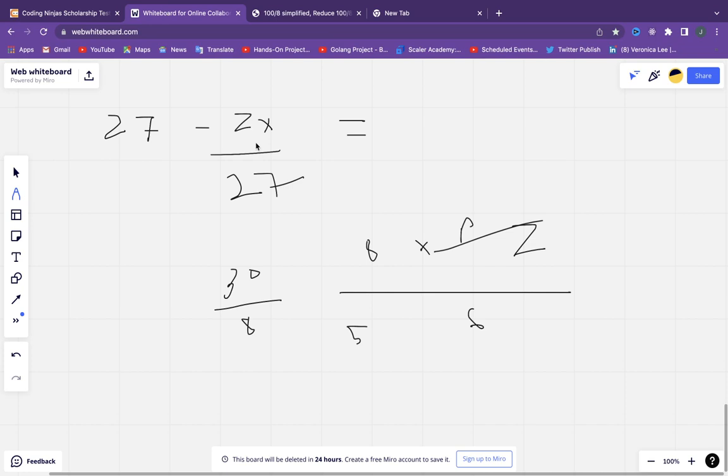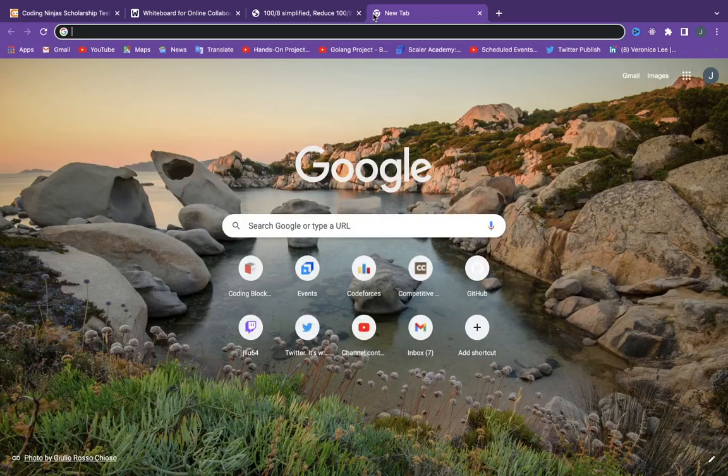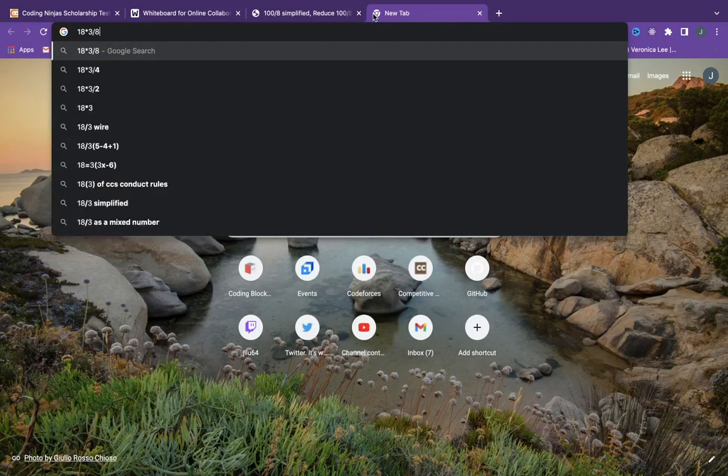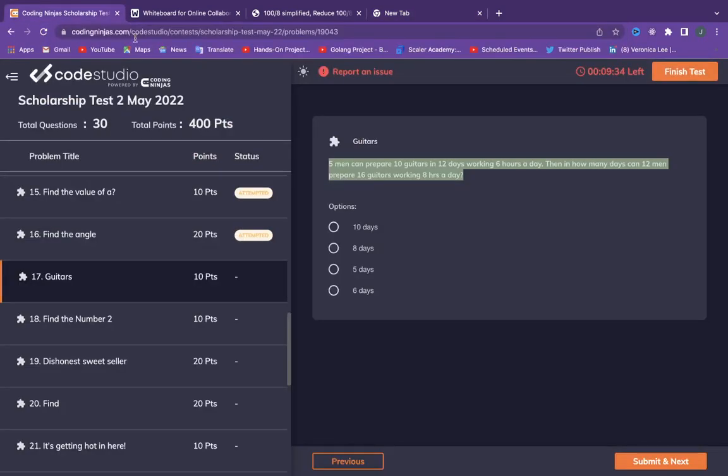So that would be equal to 18 into 3 by 8. 15 into 3 divided by 8. 6.75. That is messed up.